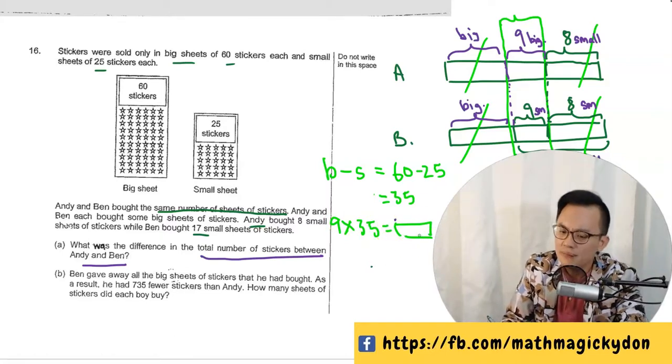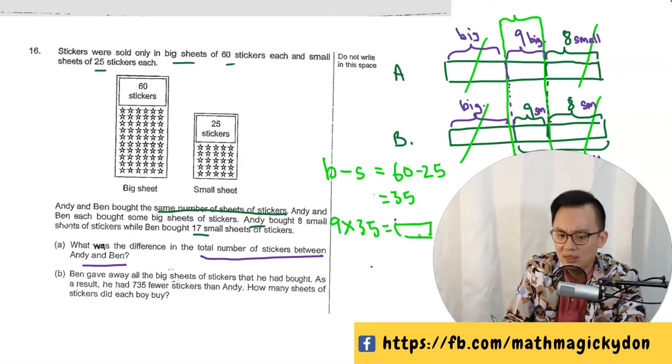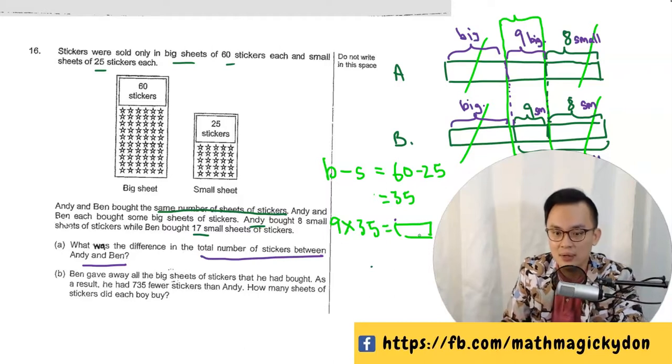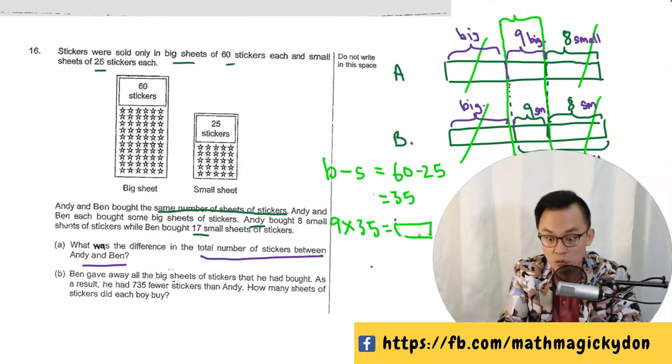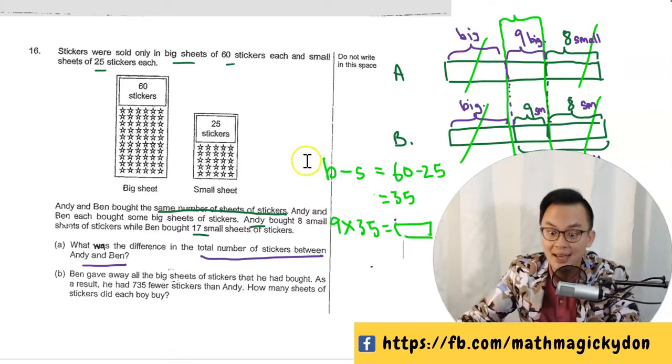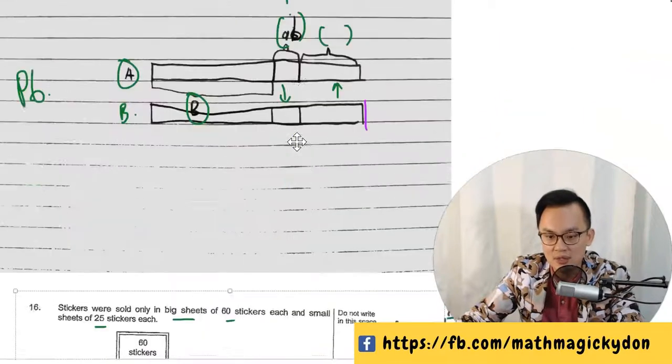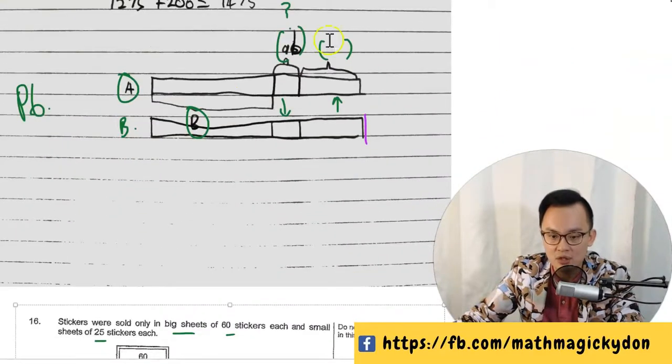Okay, so I'm not sure about you, but really with models, this question is actually not a very easy question. It's quite a hard question. But with models, it really made the question easier. So this was actually what I drew on the board, and you can see students try and copy it, and this is actually what they copied or what they drew by themselves.